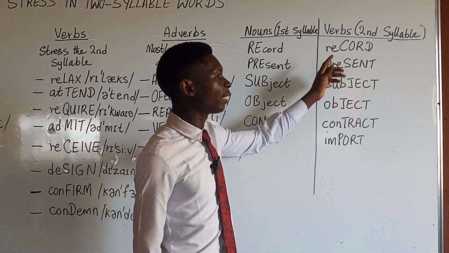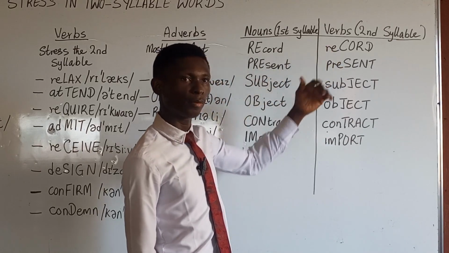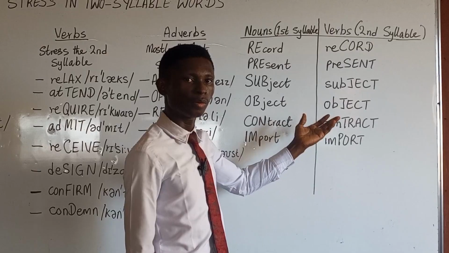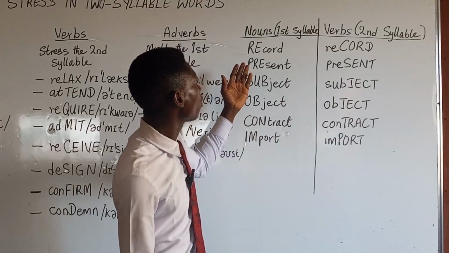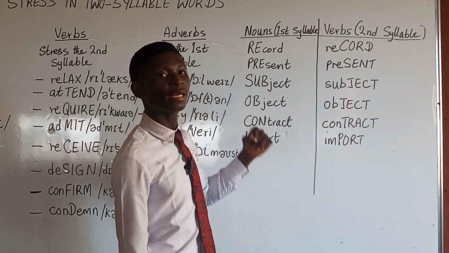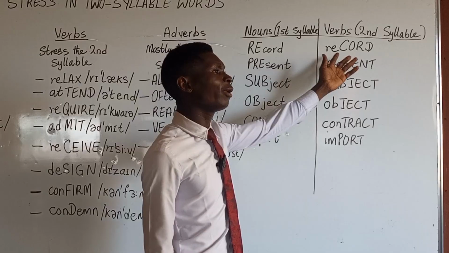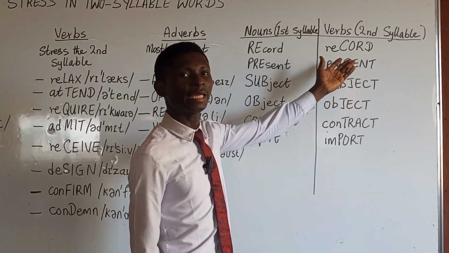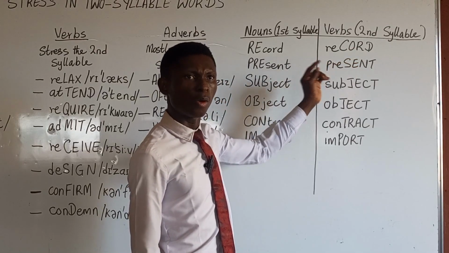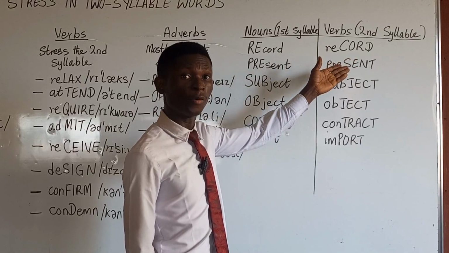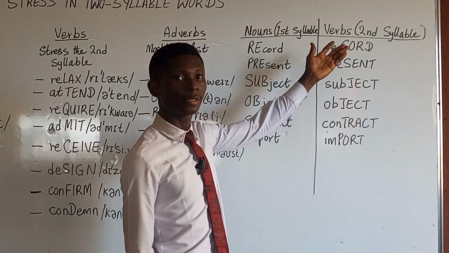So when we use it this way, when we say record, it is an action. We are expressing an action, but when we say record, we are naming a concept. For instance, he recorded everything that was said during the meeting. Recorded there is a verb from record.